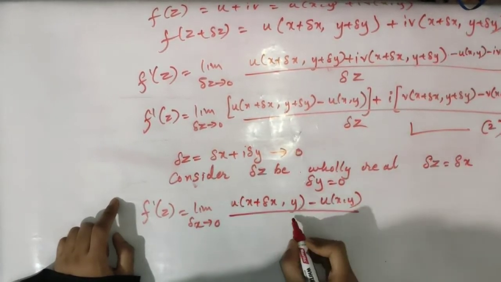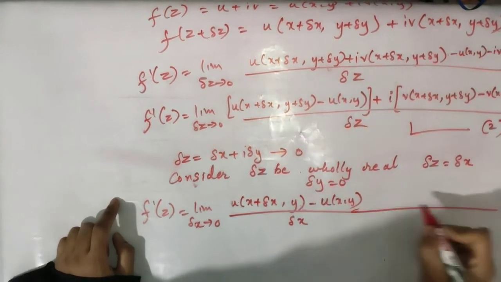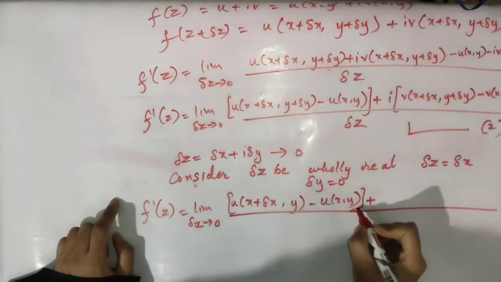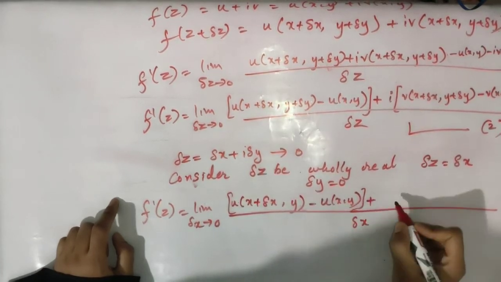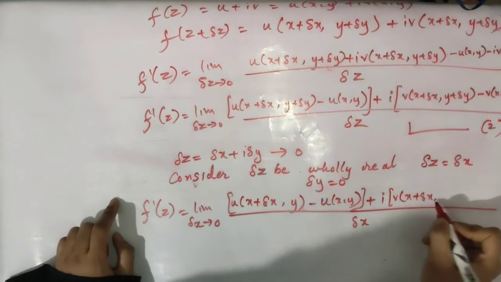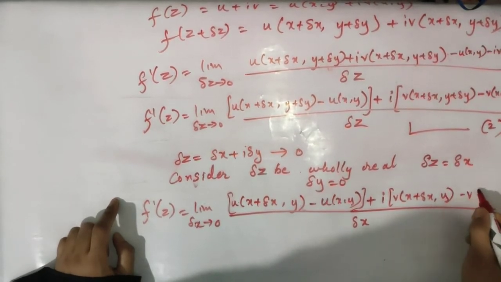Delta z is equal to delta x. This is the real part. Here you have delta x, I into this, all as it is.